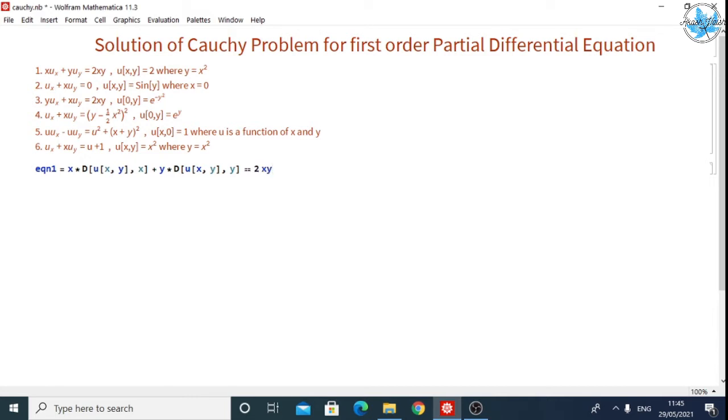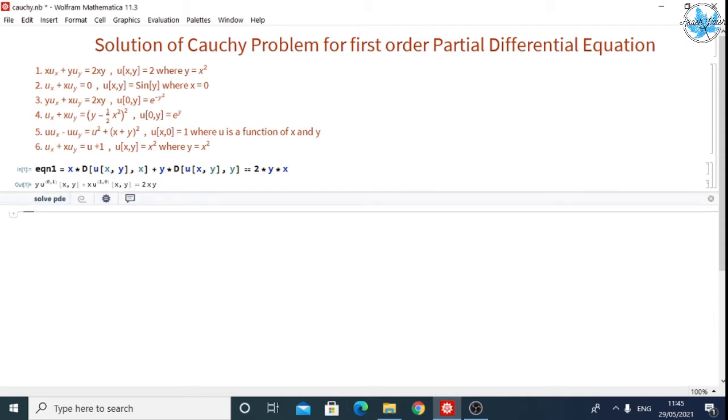Before 2xy we put the double equals sign, so we must remember that. Then shift plus enter, and my equation is stored as equation 1.